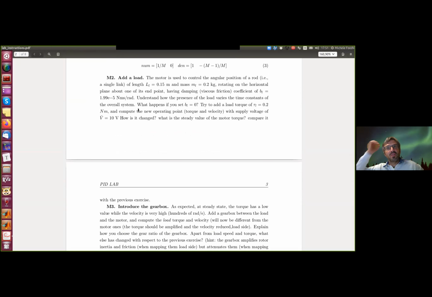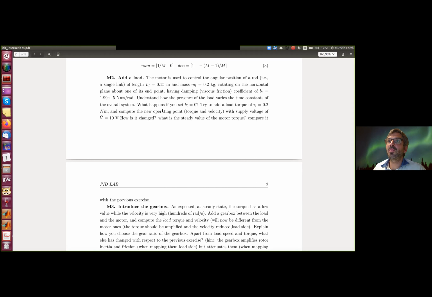Whenever you add a load and also a load torque, you will see that your operating point, which is the steady state value that corresponds to a certain pair of torque and velocity values, will shift along the motor characteristics curve that we studied in class.